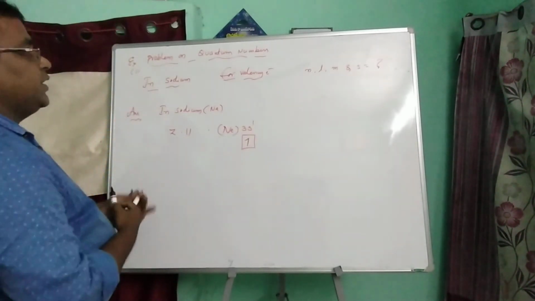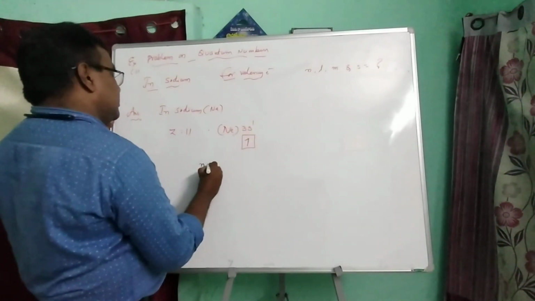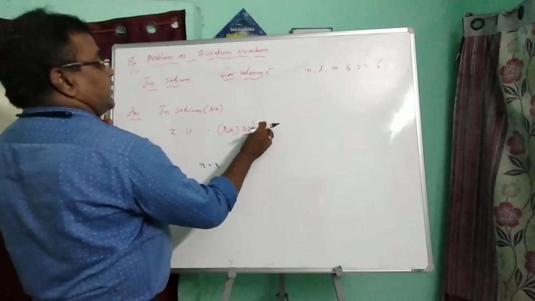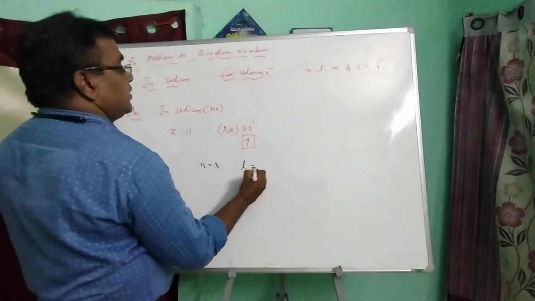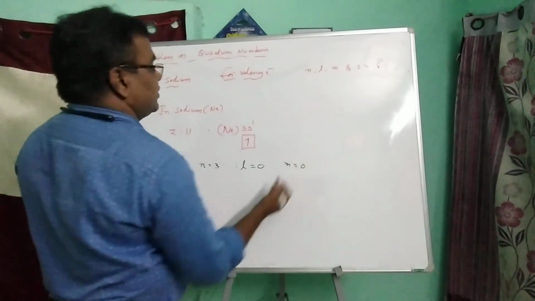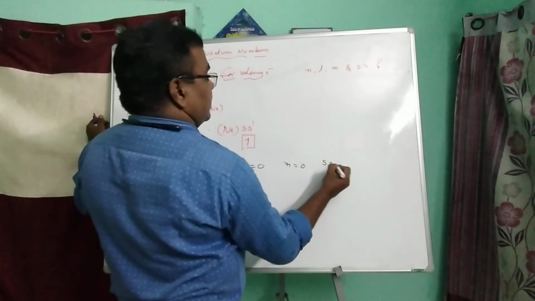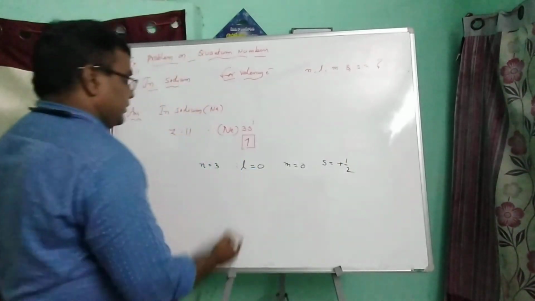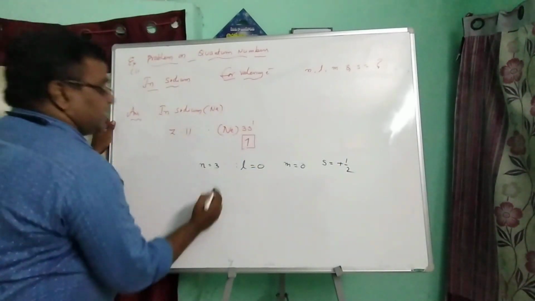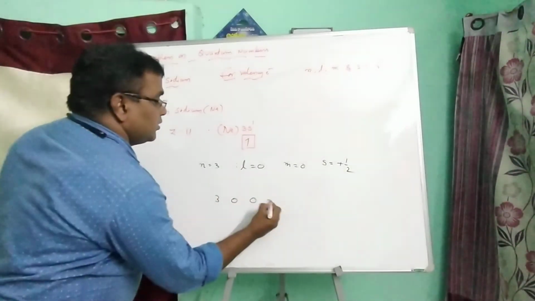In sodium N is equal to 3. For s orbital L value is equal to 0. If L is equal to 0, M value is equal to 0. The electron is in the upward direction, so S is equal to plus half. Therefore, for the valence electron in sodium, the 4 quantum numbers are 3, 0, 0, plus half.